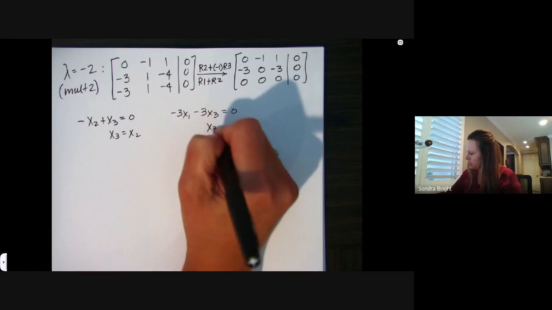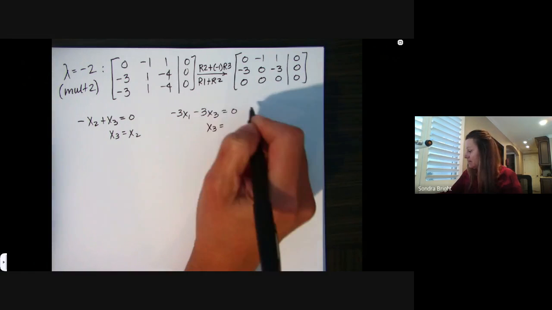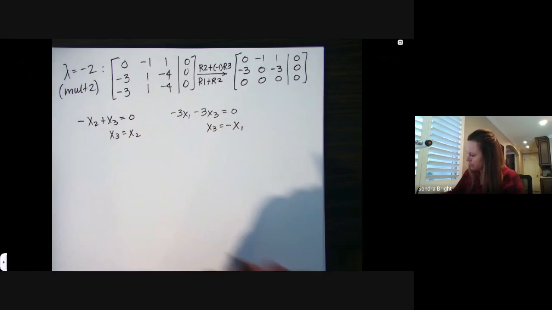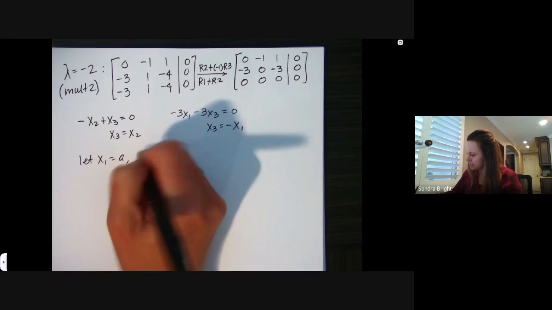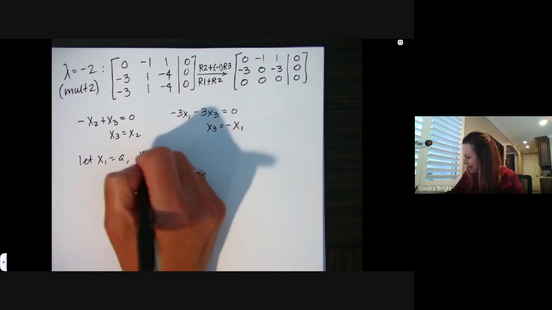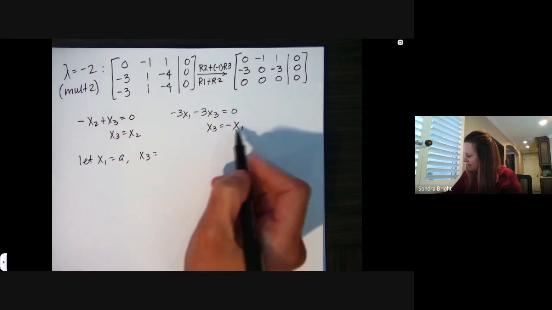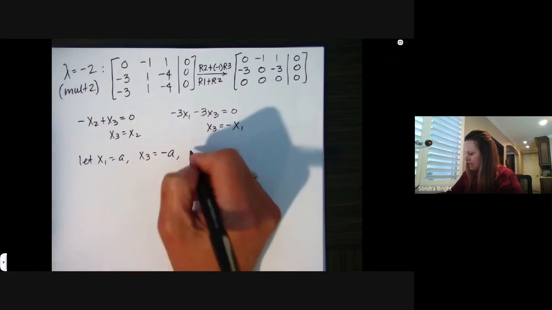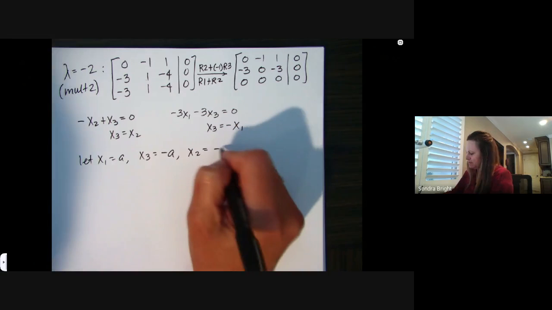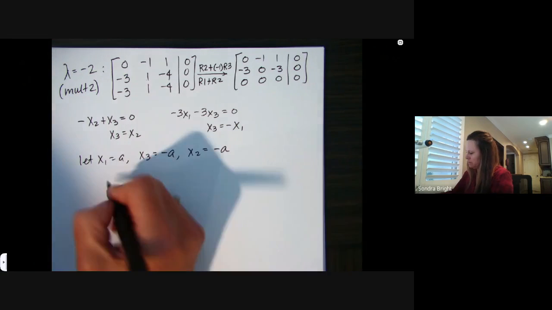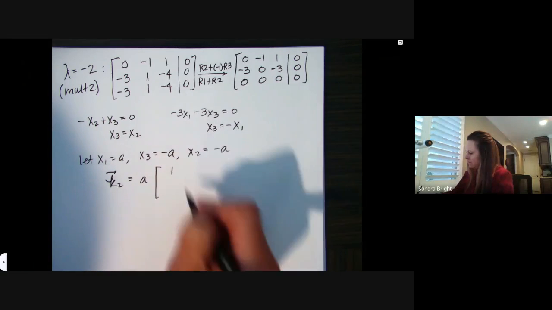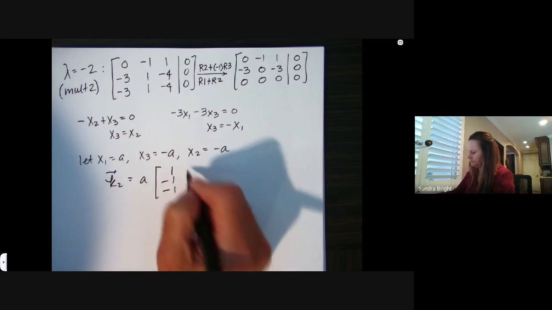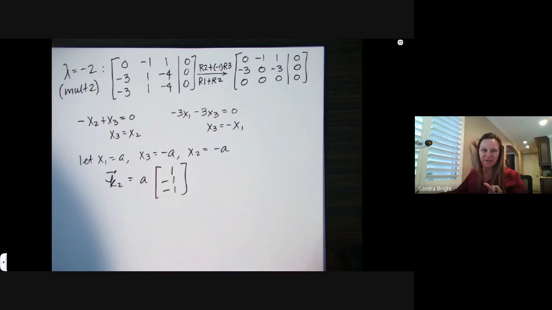So x3 is equal to -x1. All right, so if I let x1 equal a, then x3 will equal -a, and x2 is also -a. So that means k2 is, I'm going to go ahead and factor out the a: 1, -1, and -1. Now, only one eigenvector.